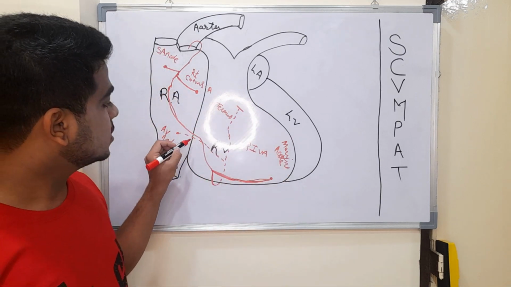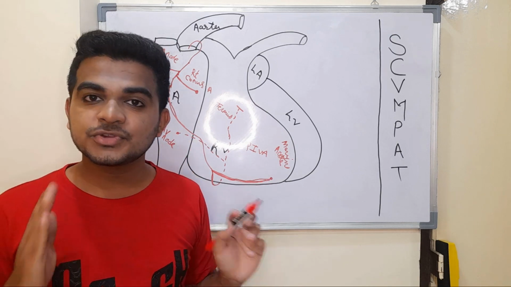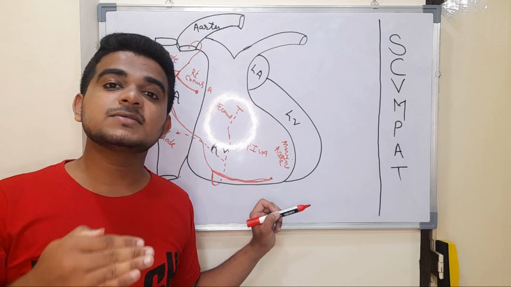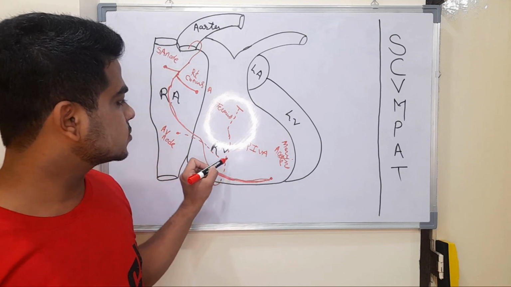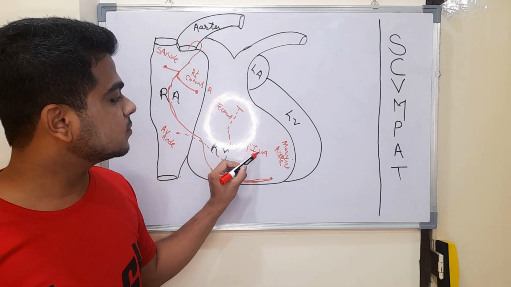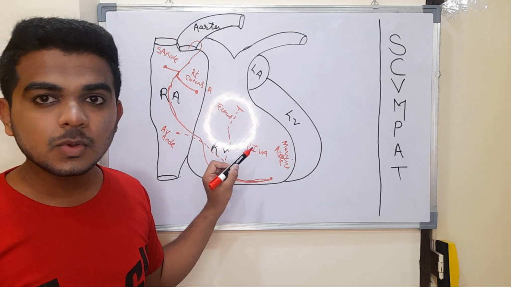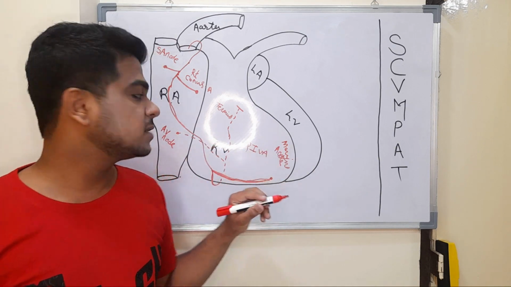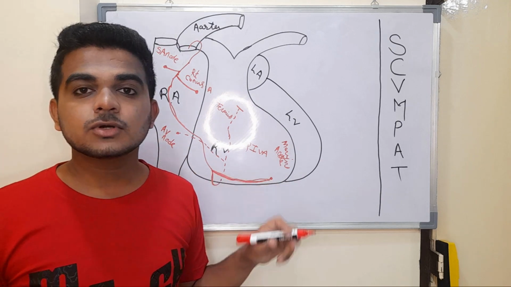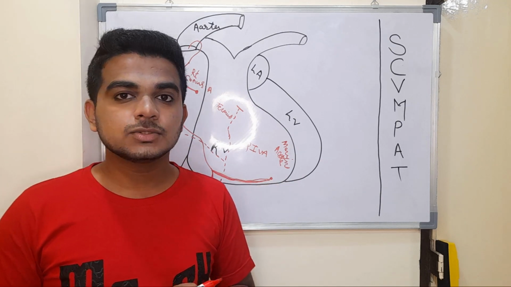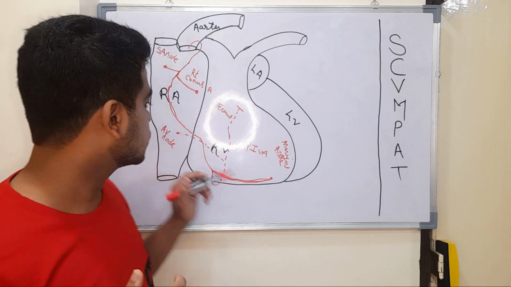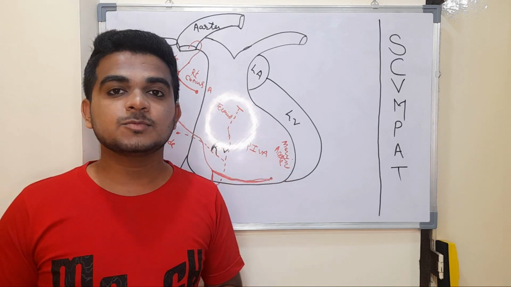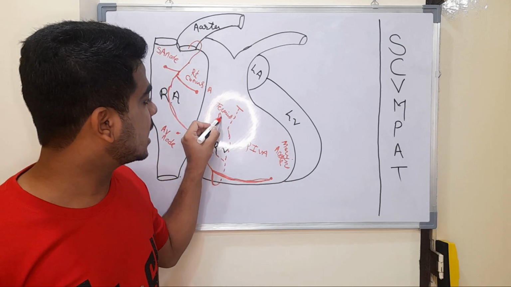Then the right coronary artery goes posteriorly through the interventricular groove, and because it is posterior, it is called the posterior interventricular artery. After going posteriorly, it gives the next branch to the AV node, called the AV node branch or AV node artery. Then it continues posteriorly and gives the last branch, the terminal artery.